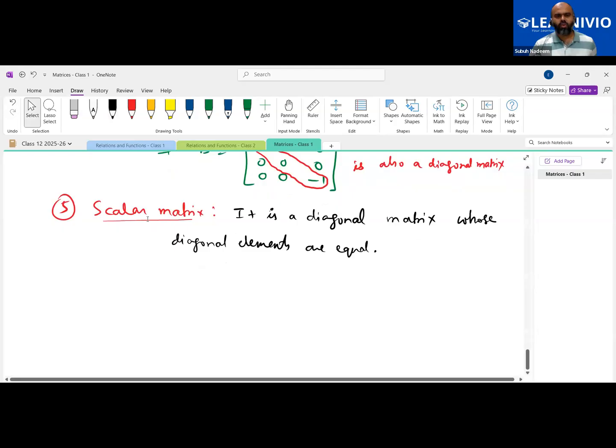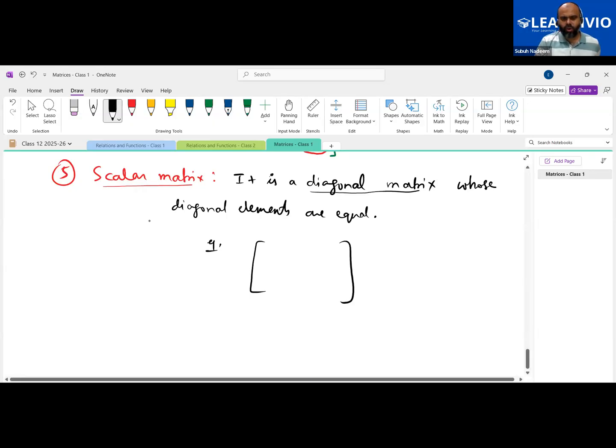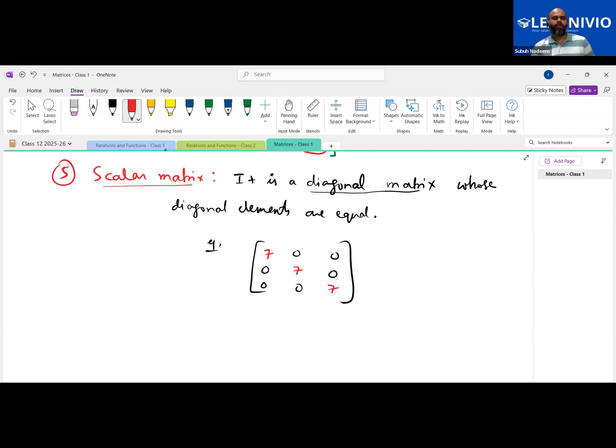Of course non-diagonal elements are 0, as it is a diagonal matrix only, whereas diagonal elements are equal. So if it is 7, this is also 7, this is also 7. They are all equal. So this is a scalar matrix.